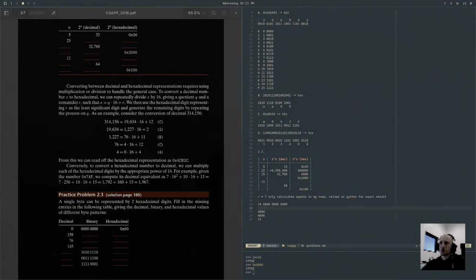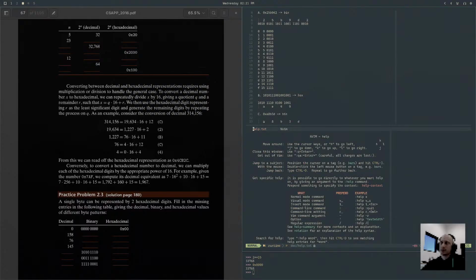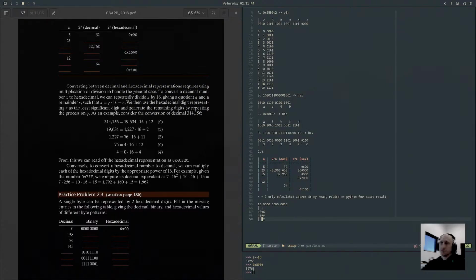So you carry the 1. 9 plus 9 is 18, 19. So this is going to be 9, carry the 1, 1, and 8. So this will be the decimal value. And I'll put a comma in there for funsies.